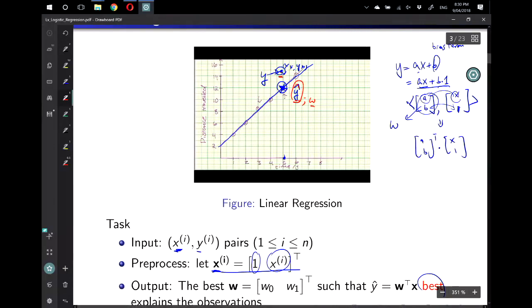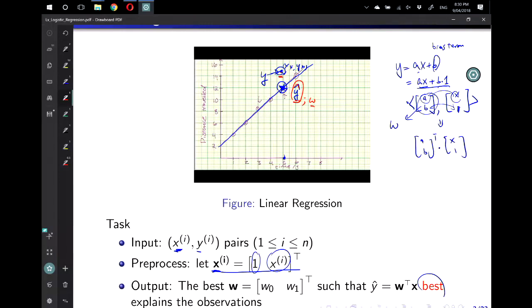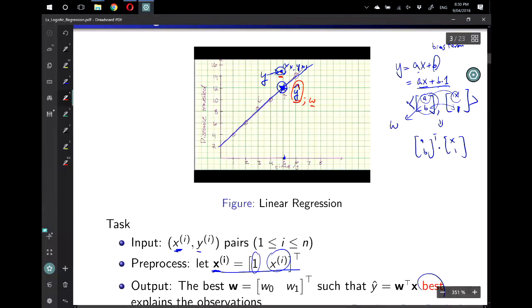So you need to quantify the cost, or the difference. One simple way, I think everybody agrees, is to look at the difference, called epsilon i, between the real value and the predicted value.